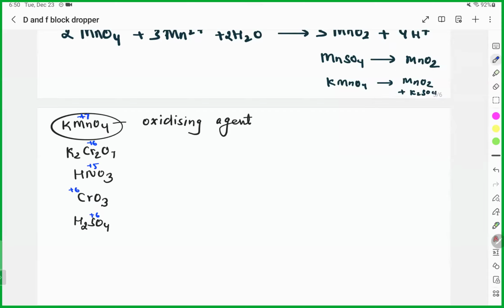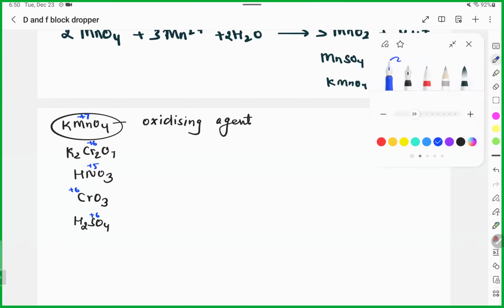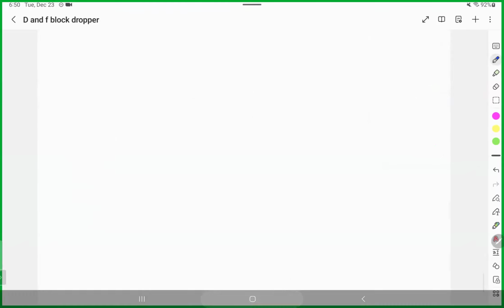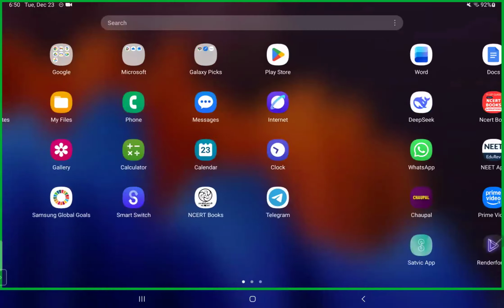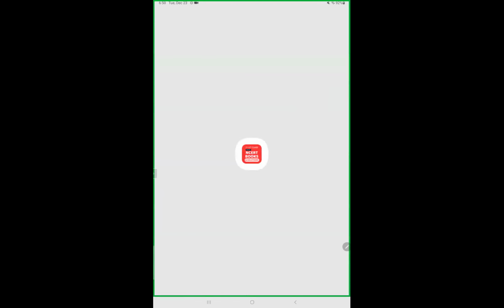So what will happen? Only reduction is possible. If only reduction is possible, it is a very good oxidizing agent. Any doubt, guys? No. Yeah. So both are done. Let me show you some questions, NEET questions we can see today.